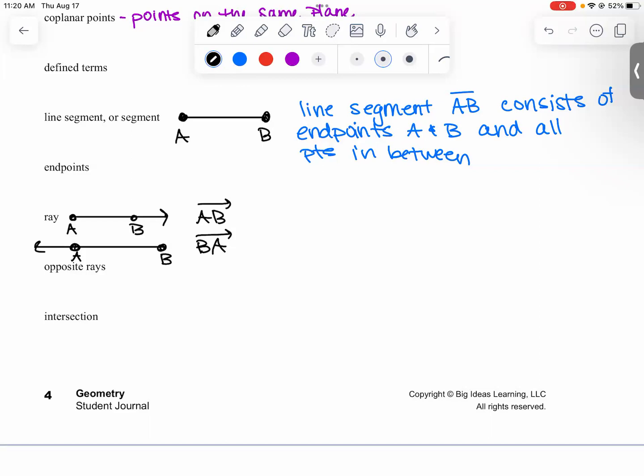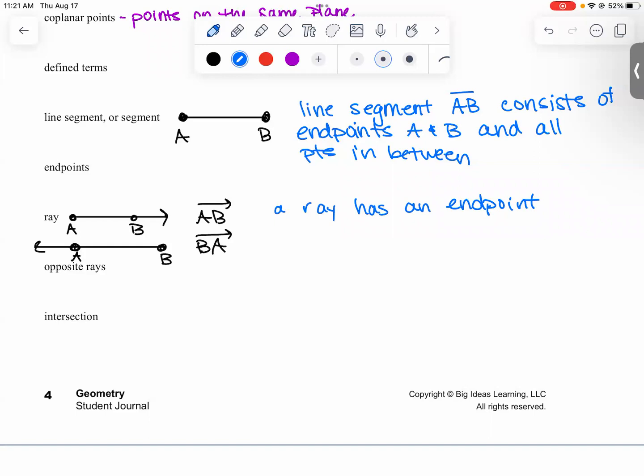So we have an endpoint. Okay, but only one endpoint. And then it has points going forever in the other direction.